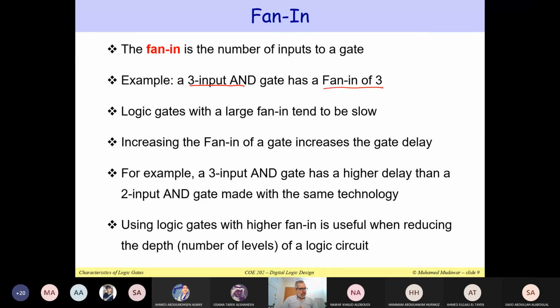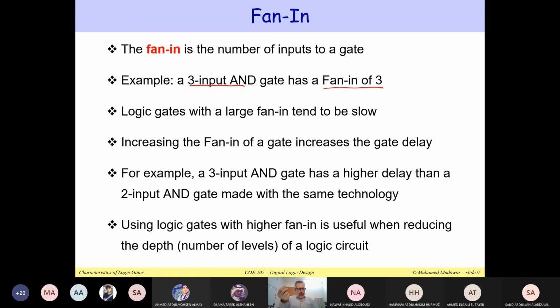This is why we have seen in the previous example that the 3-input AND gate has a higher delay than the 2-input AND gate, even though it's made using the same technology. The number of transistors inside the gate increases, and the delay also increases, when we increase the number of inputs to a gate.